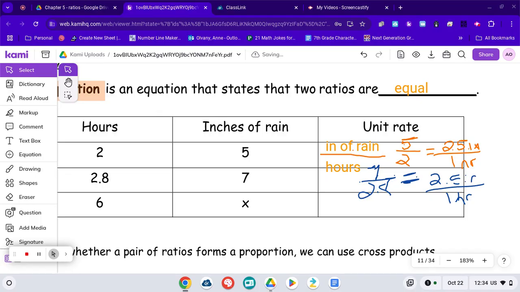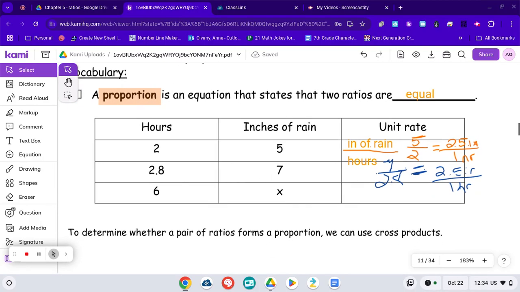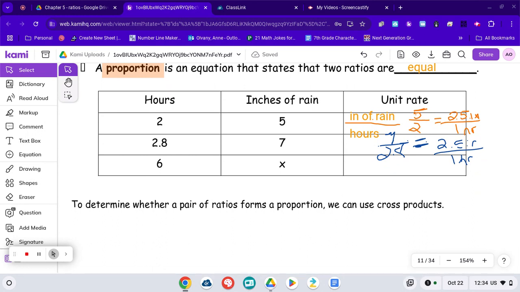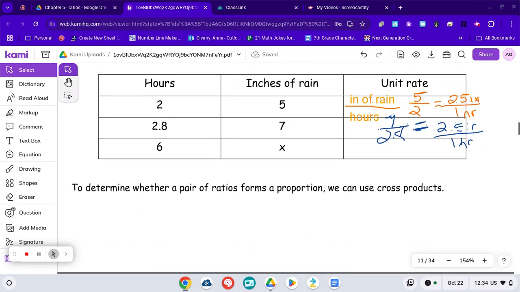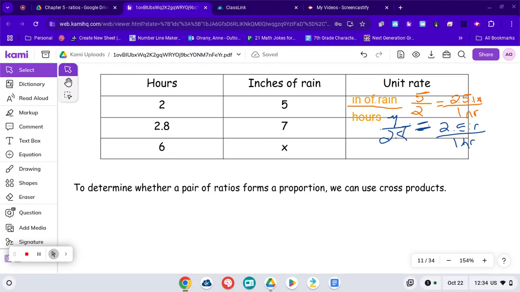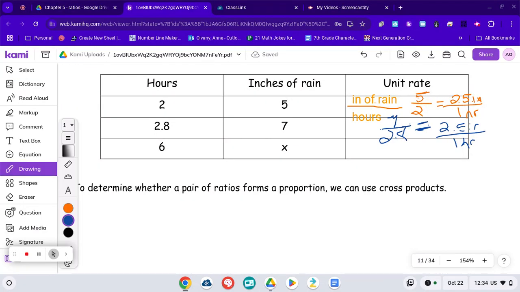So we do have a constant unit rate, and now that we know that those are the same unit rate, I can actually take these ratios and prove to you how you can determine if they're proportional or not. Maybe it just doesn't like my stylus, which is very unusual.